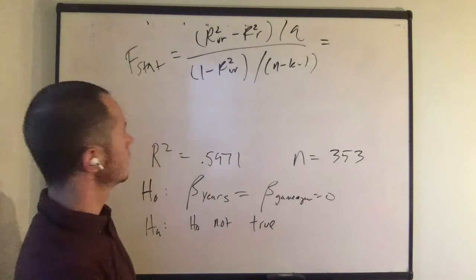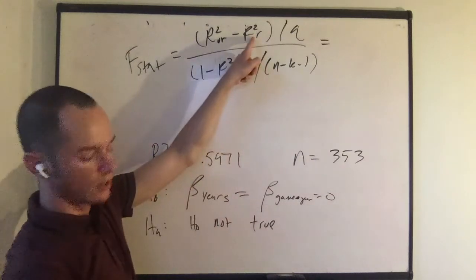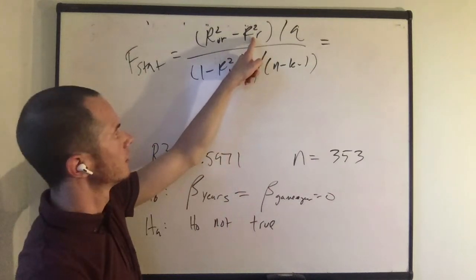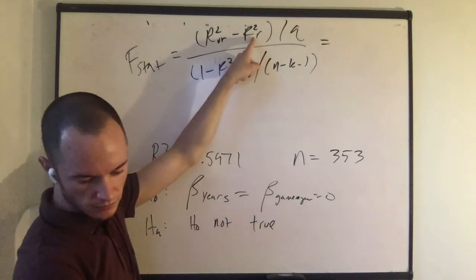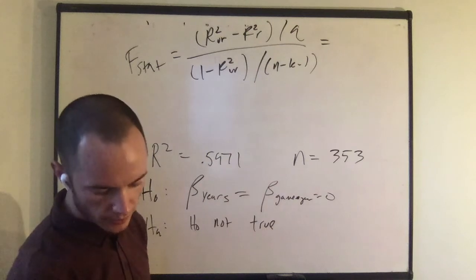And the R squared of the restricted regression is 0.